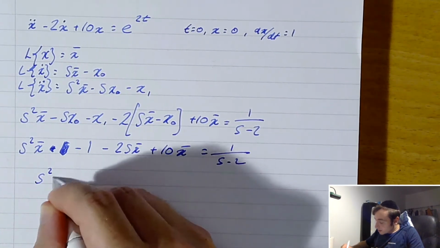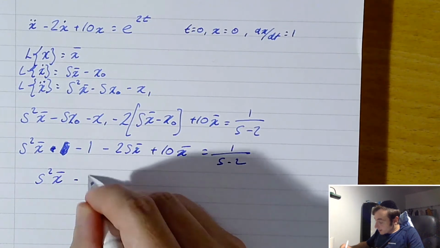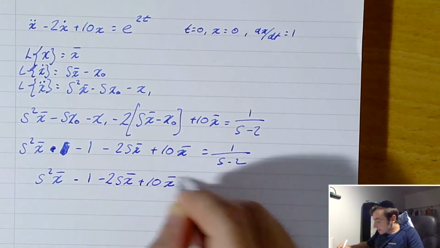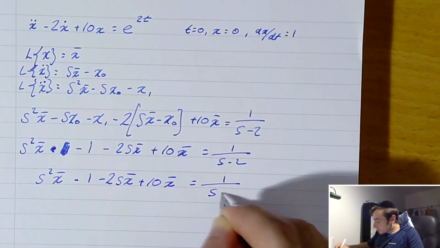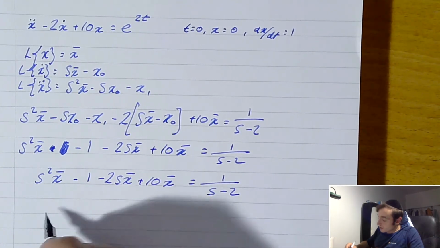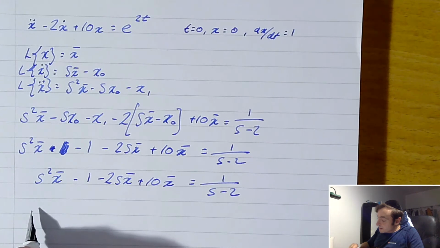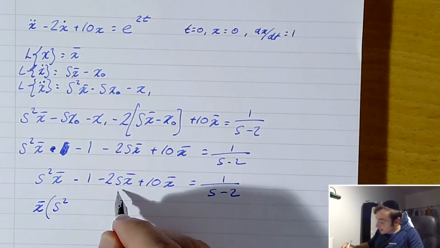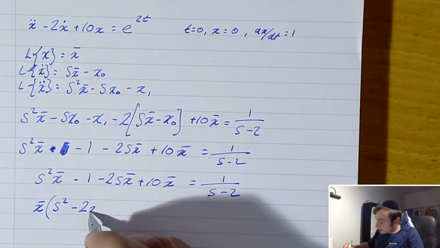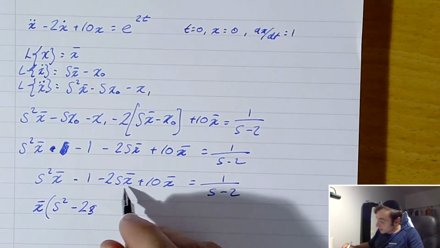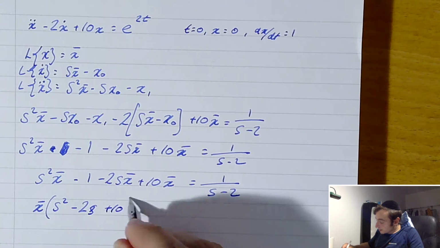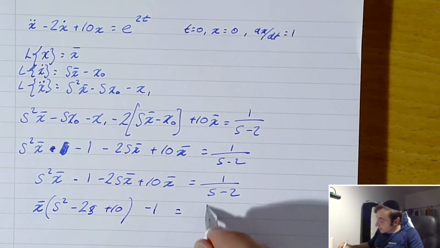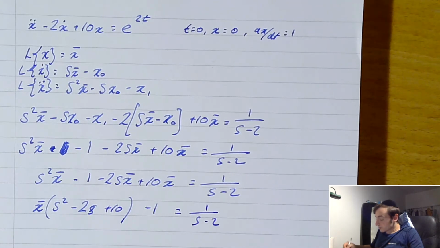Let's tidy that up a little bit. We've got s squared x bar minus 1 minus 2 s x bar plus 10 x bar equals 1 on s minus 2. So x bar times s squared minus 2s plus 10, minus 1, equals 1 on s minus 2.